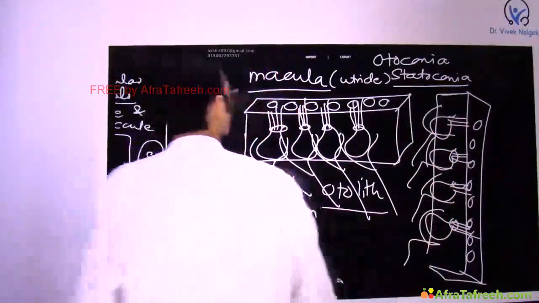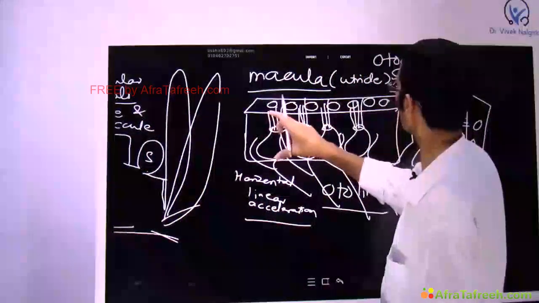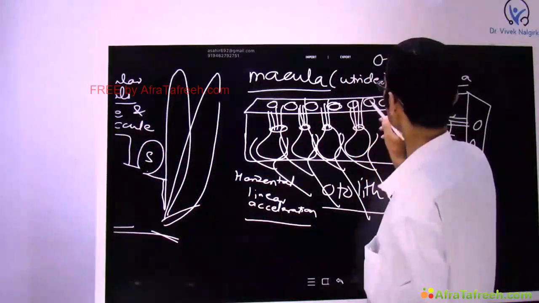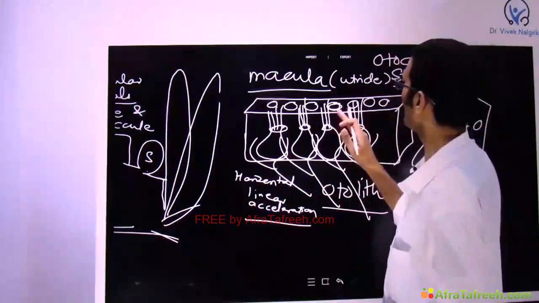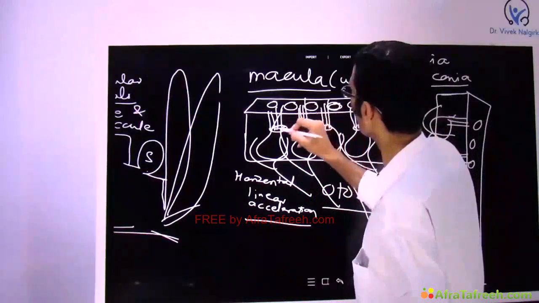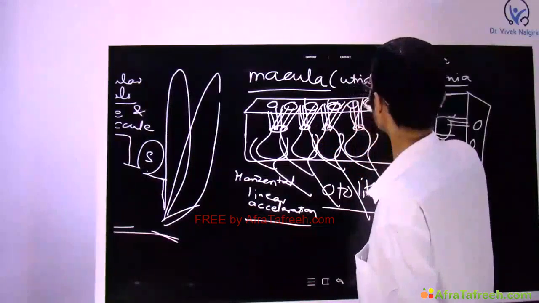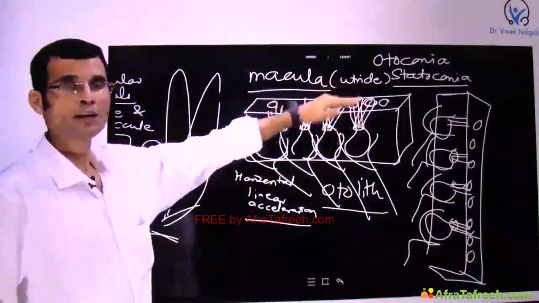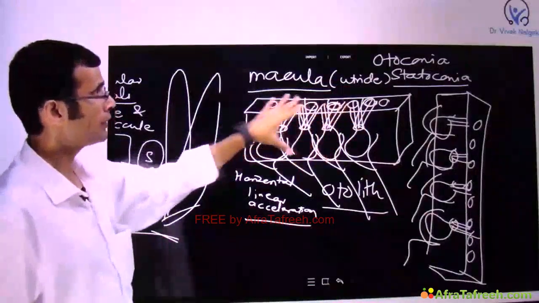So when there is horizontal linear acceleration, head is thrust forward, macula inside the utricle will move forward. But initially the calcium carbonate crystals, the otoconia, will not move. They have a high specific gravity, and therefore since they have not moved initially, there will be bending of the stereocilia like this. Stereocilia will bend. They were embedded in those otoconia at the top of the macula.